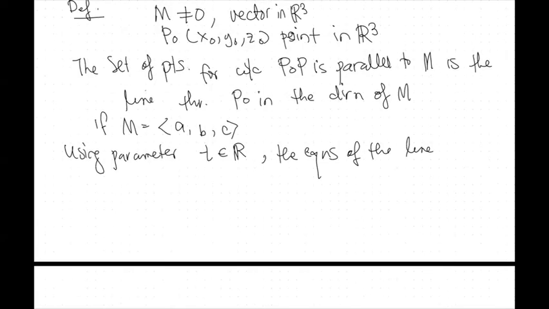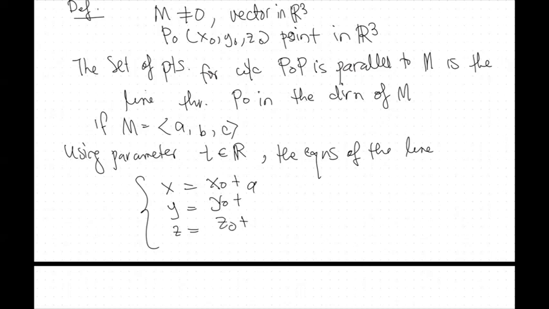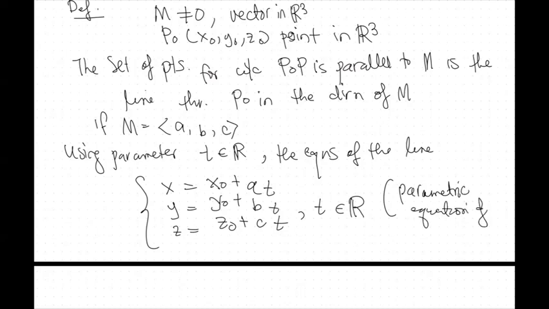So we get the x component, y component, z component. You have the initial part, you get a, b, and c, and then t, t, t here. This is called the parametric equation of line, say L. Here, t is our parameter.